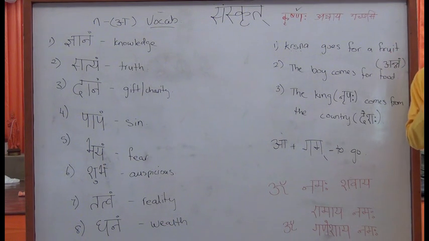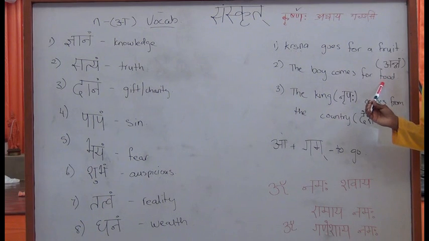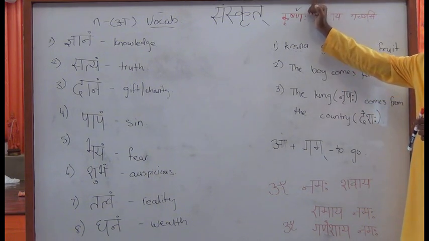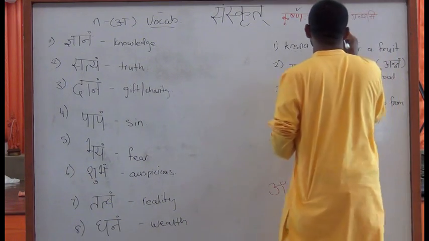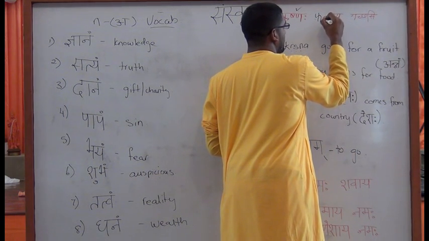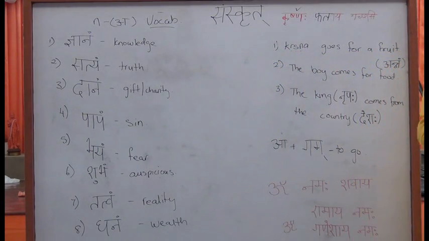What is the word for fruit? Phalam. Anna means food. Right? But irregardless of that, is his ending correct? He has it, so very well done. So it will just be Phalaya. Still very good.